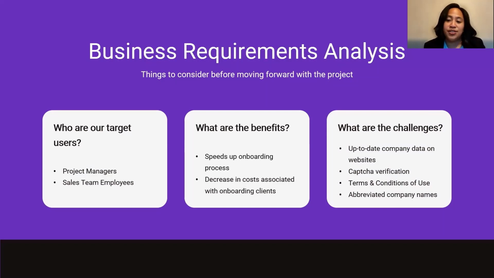Next is the terms and conditions of use. So there may not be a CAPTCHA verification in some of the websites, but when you use their services too much, they actually give you an error. So that's one of the challenges we had to face. And lastly, abbreviated company names. So this relies on the completeness of the data or the list of names that is given to the bot. If it's not correct, then it's not going to pick up any of the nuances.